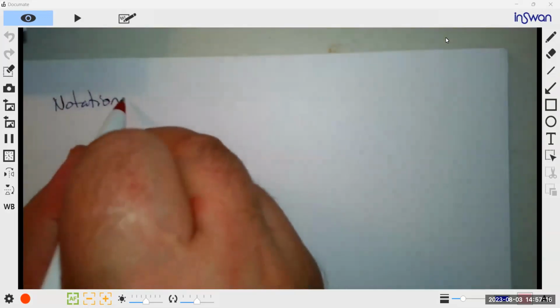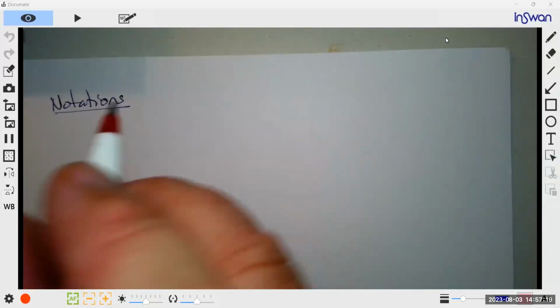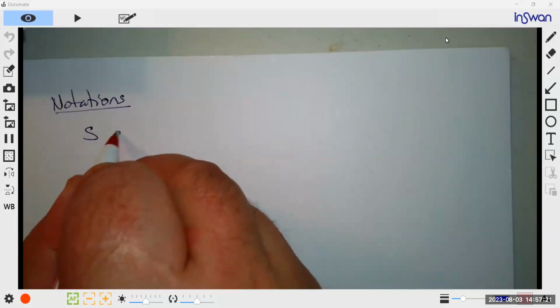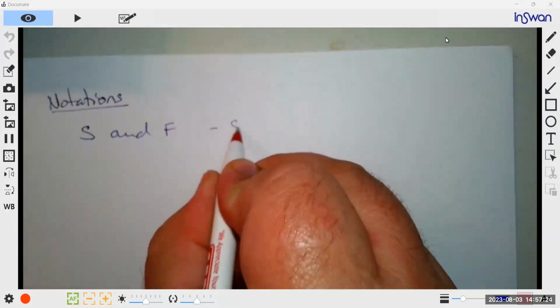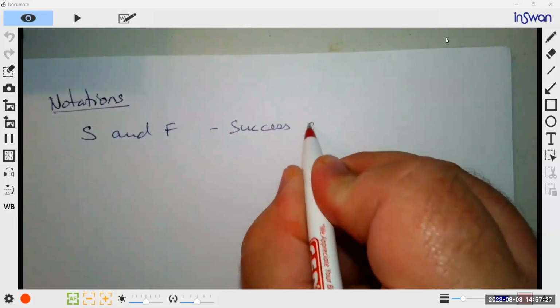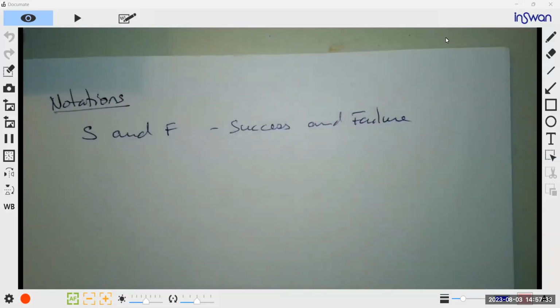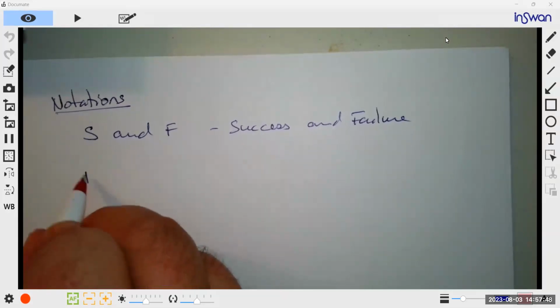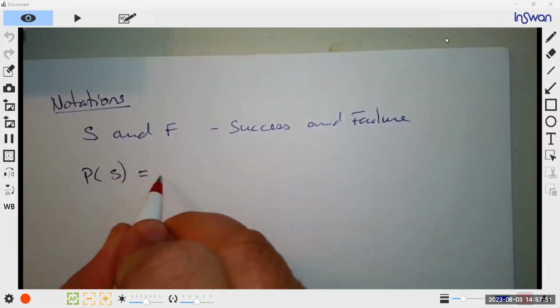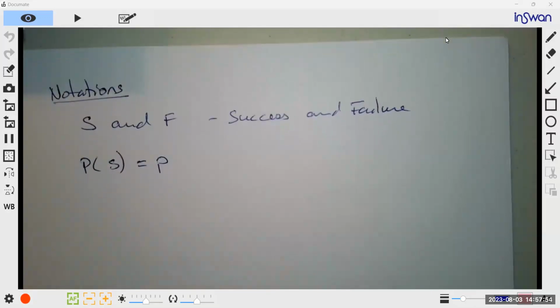Here we have some notations. Then I'm going to show you the formula. Success and failure. The two outcomes have to be easily distinguishable. S and F, T and F, or plus and minus.